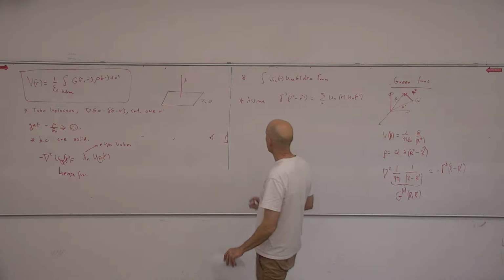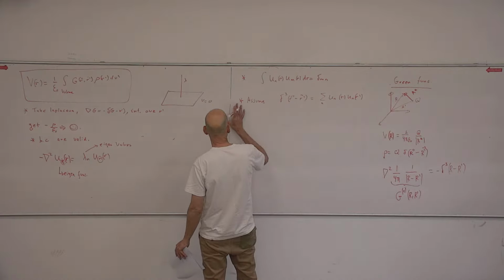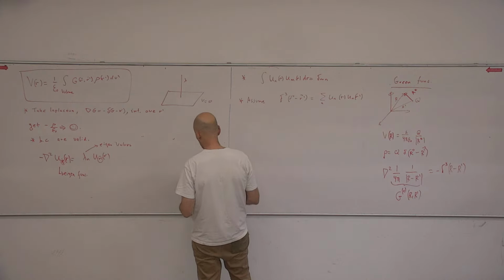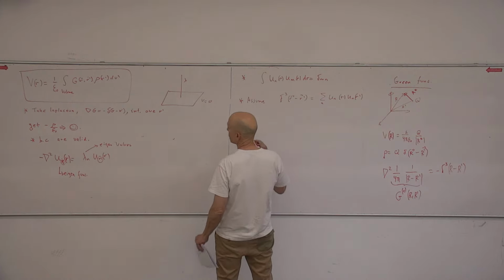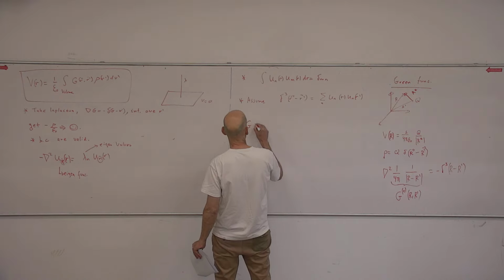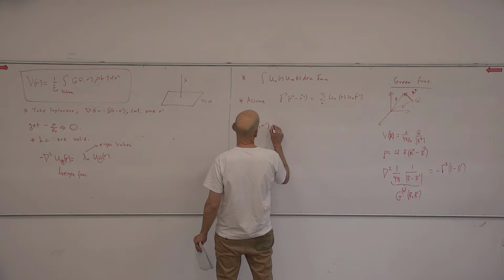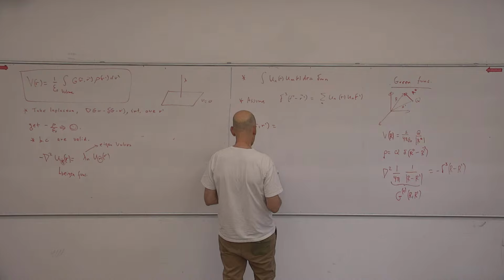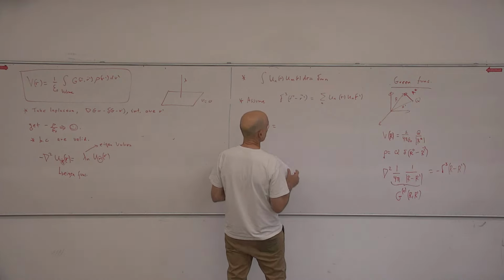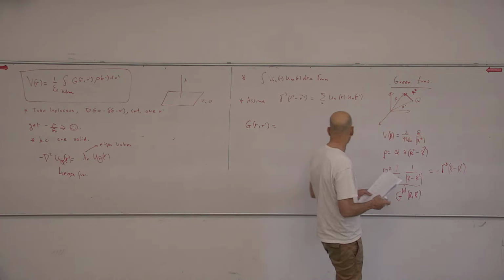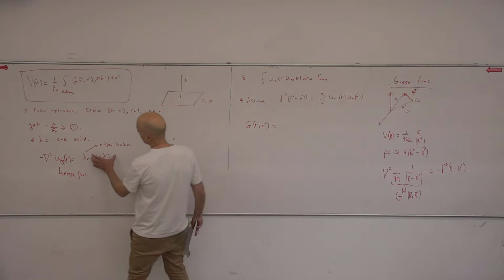So the idea is, what is the Green function? Let us write the Green function, some function. We can always write it as a linear combination, and again, I'm using the fact that these U's form a complete set.